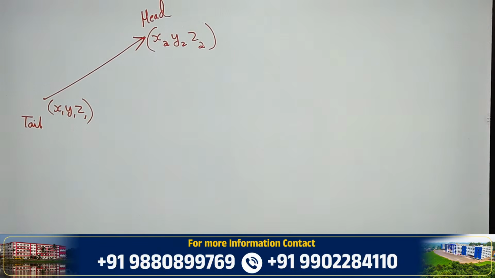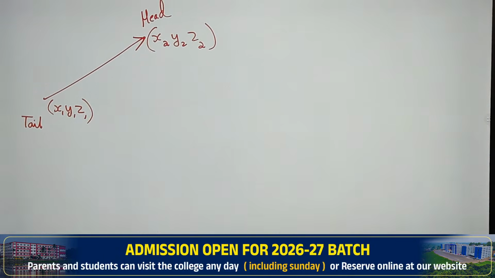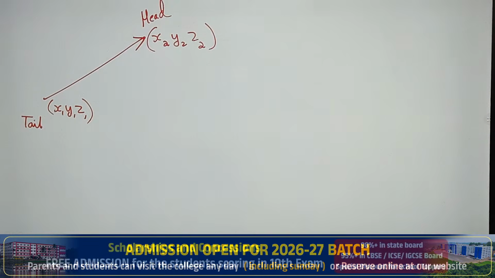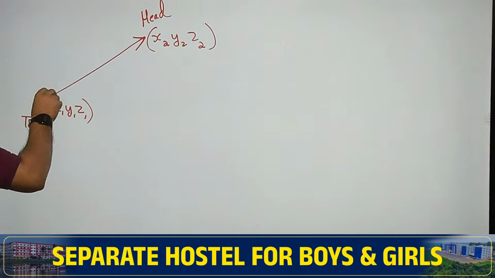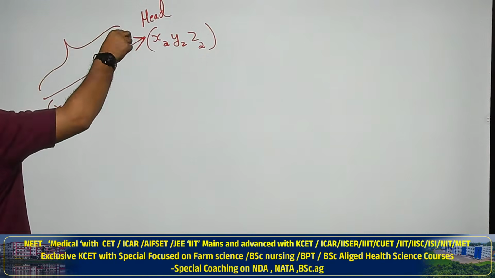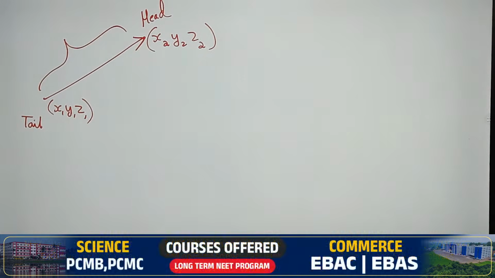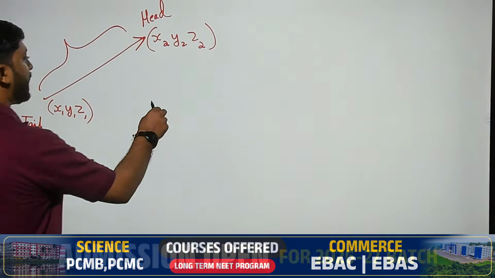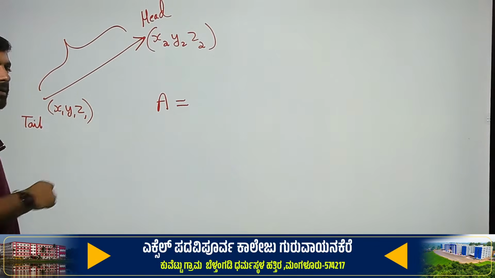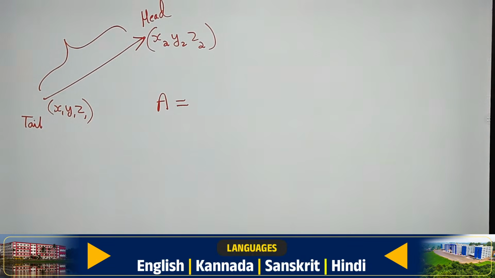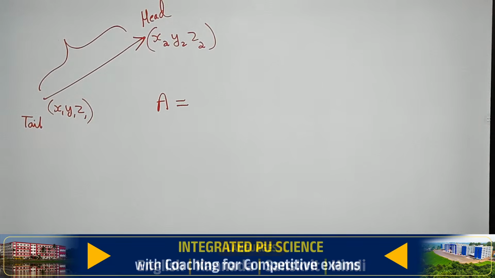Now, what is the length or what is the magnitude of this vector? How to calculate the magnitude of this vector?